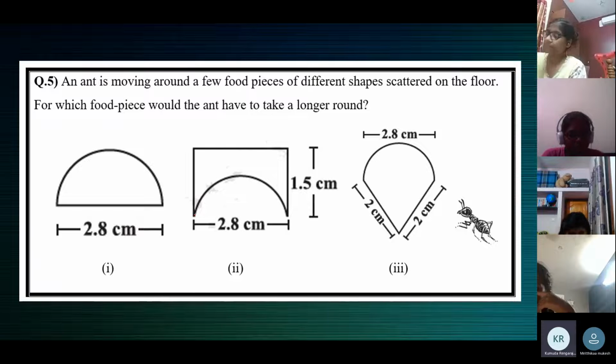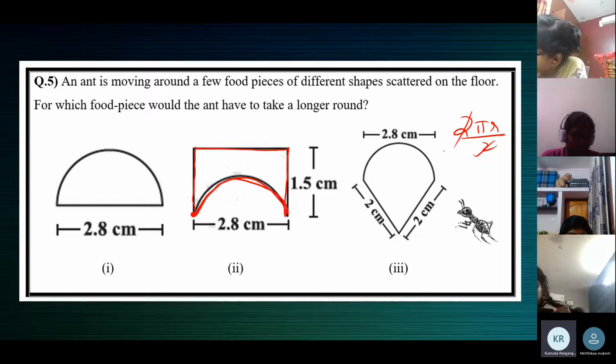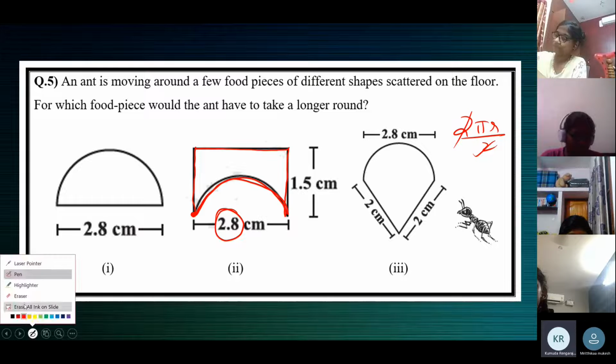The perimeter of the figure is the length of, please look at the screen, supposing you start walking from here, the length of this line segment, 1.5, plus the length of this line segment, 2.8, plus the length of this line segment, 1.5, plus the length of this arc, which is a semicircle, whose length is pi r, because 2 pi r by 2 is pi r, and the value of r is 1.4.